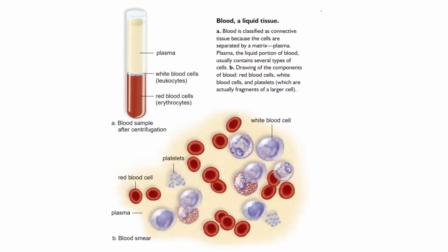So blood is a liquid tissue. This is very important. Why is it classified as a connective tissue? Because the cells are separated by a matrix, which is the plasma. Plasma is the liquid portion of the blood. There are three things.